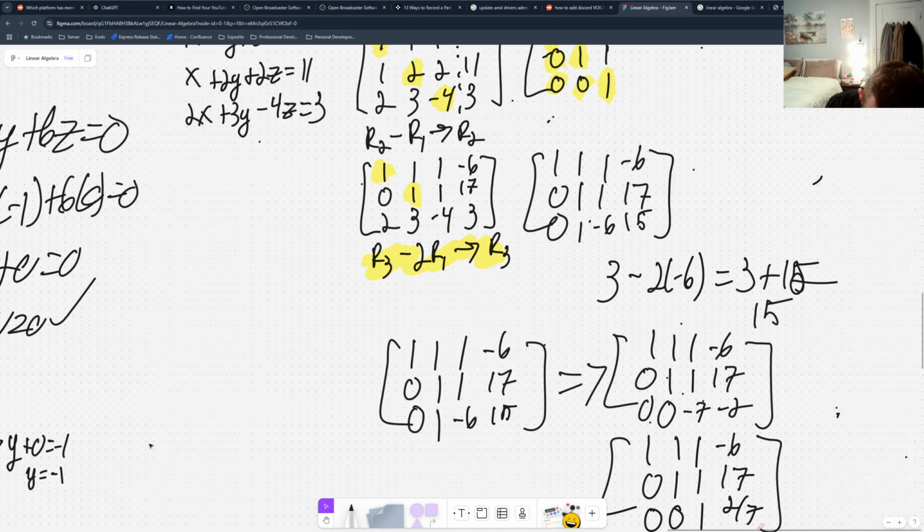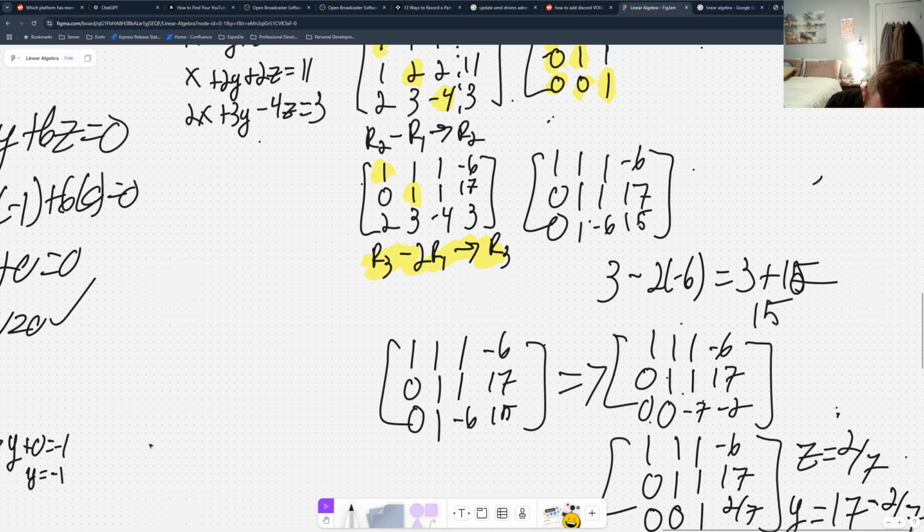Alright, so we got z equals 2 over 7. And we have y equals 17 minus 2 over 7. And we have x plus y plus z equals negative 6. So x plus 17 minus 2 over 7 plus 2 over 7 equals negative 6.